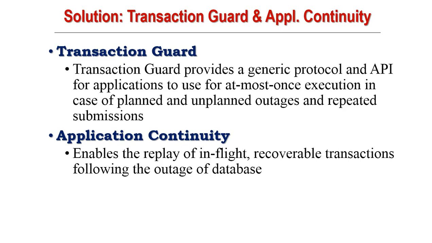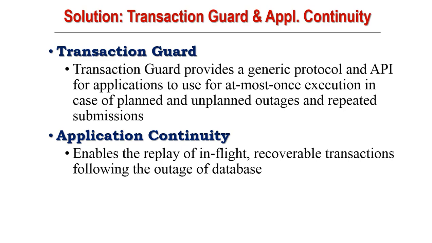So transaction guard, how does that work? Well, the magic in transaction guard is something called the logical transaction ID, which is an ID that is assigned to the transaction by the clusterware, and this transaction ID is going to be checked by the system next time.